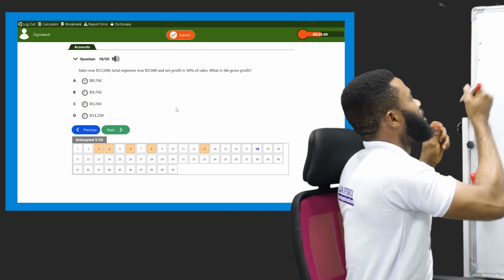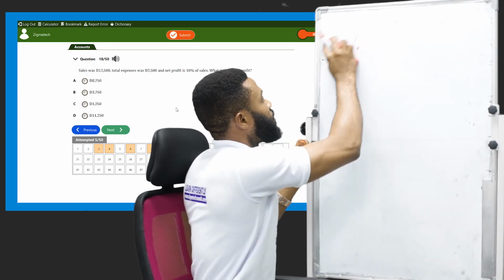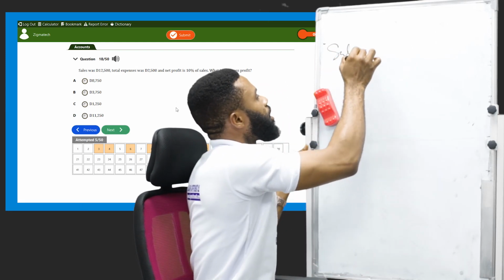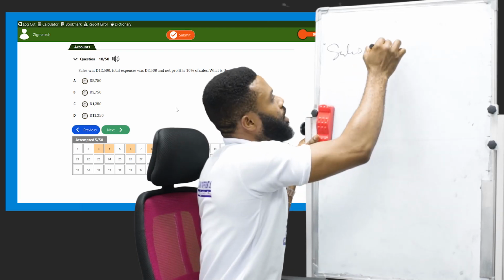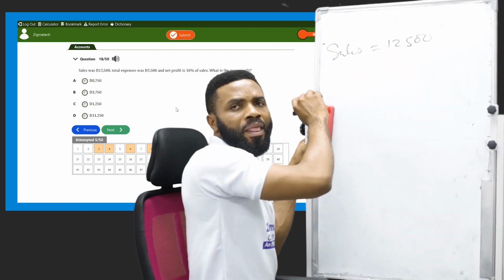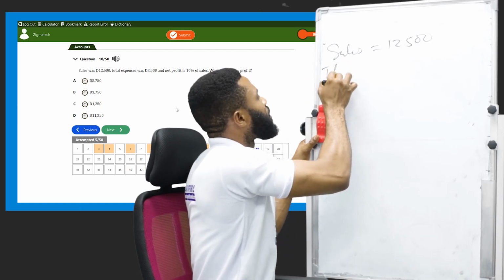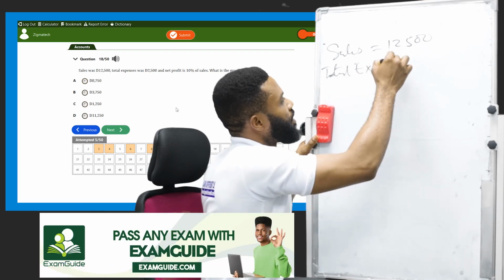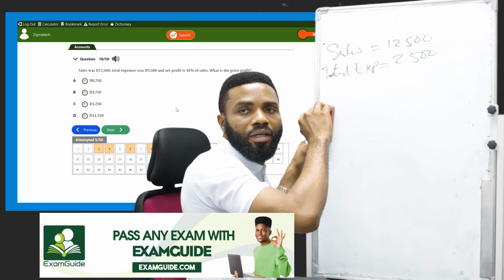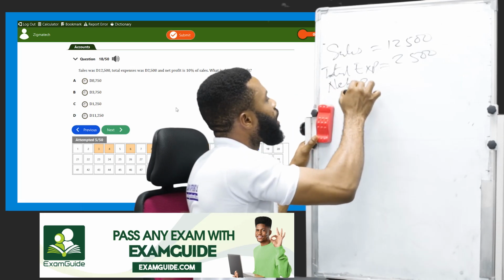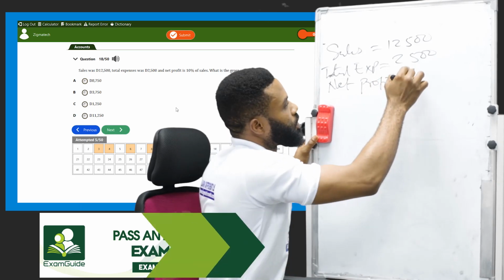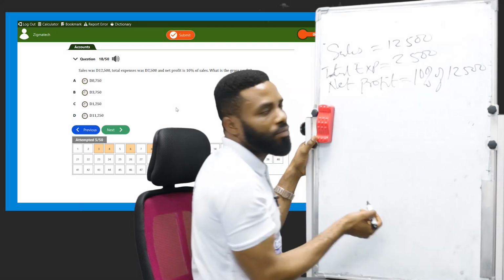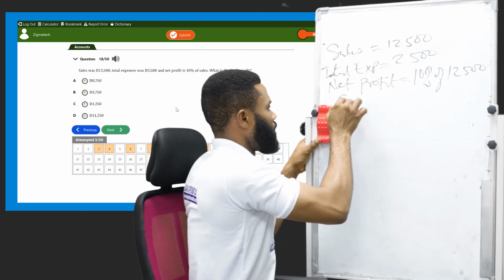Your sales is equal to 12,500, and then your total expenses is 2,500, and they say your net profit is equal to 10% of sales, which is 12,500. So the question is gross profit.